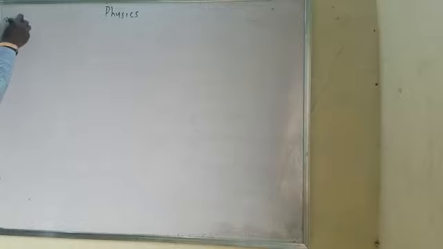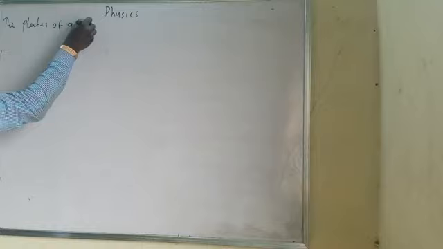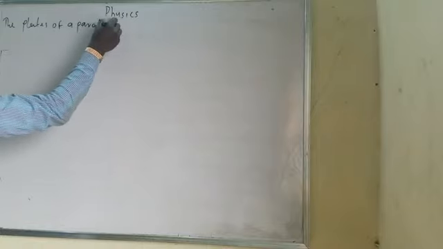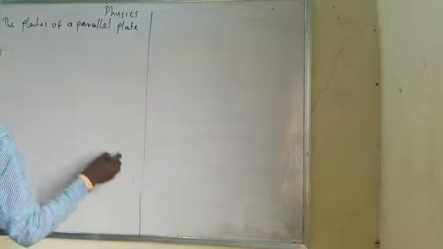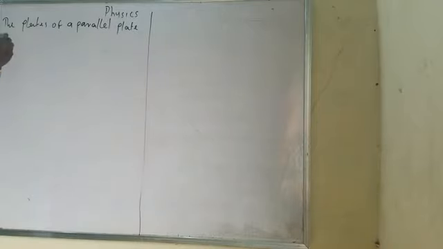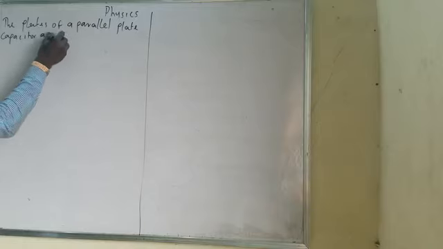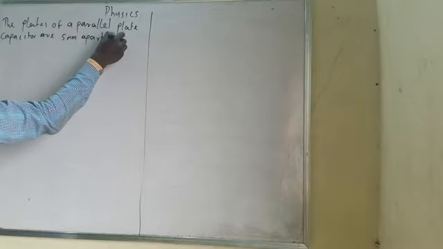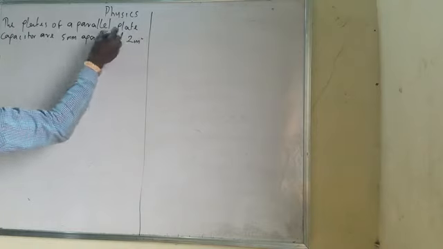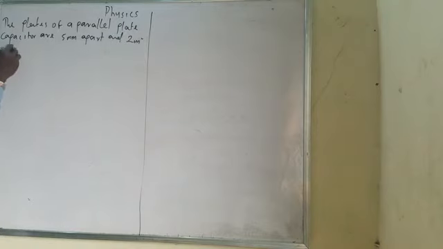The plates of a parallel plate capacitor are 5 millimeter apart and 2 meters squared in area.